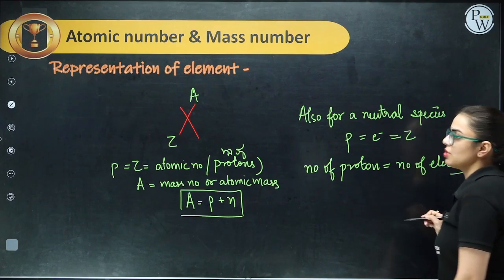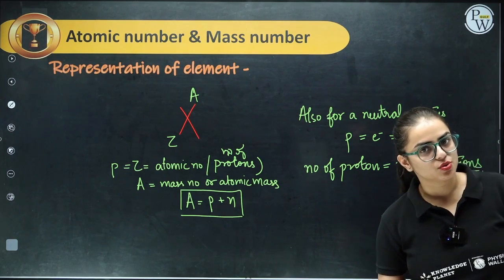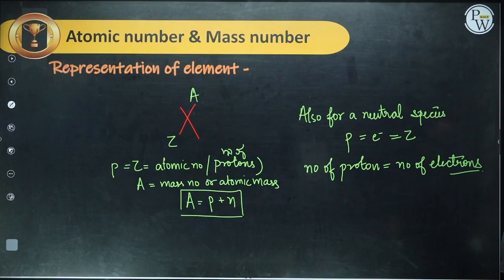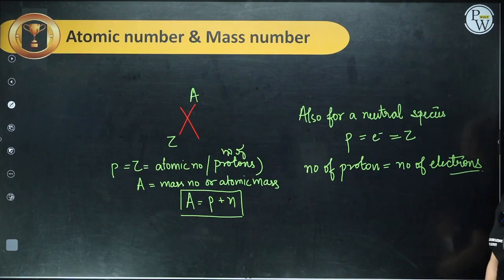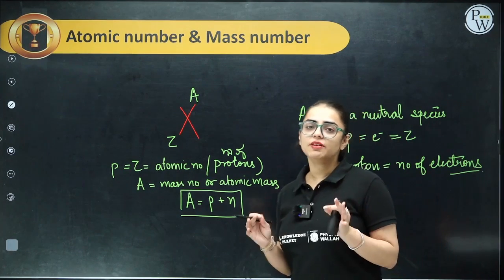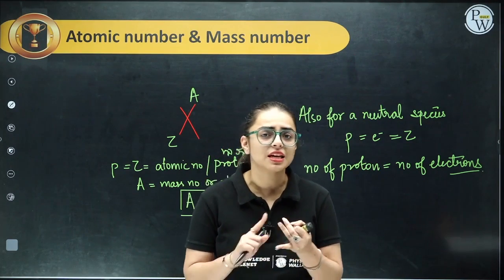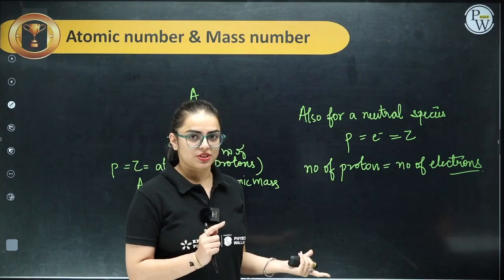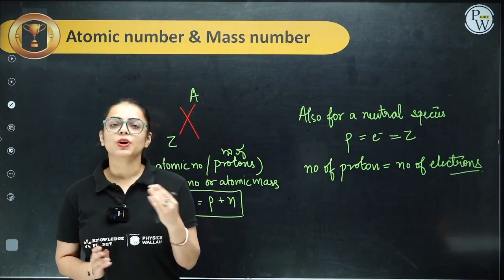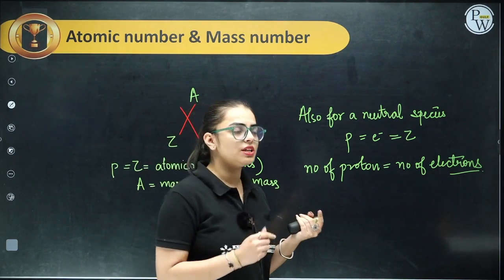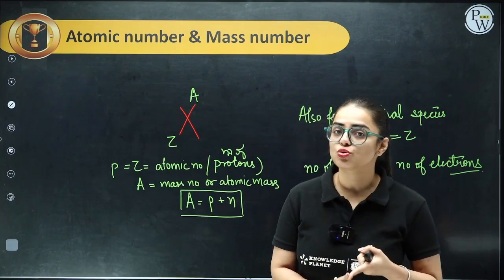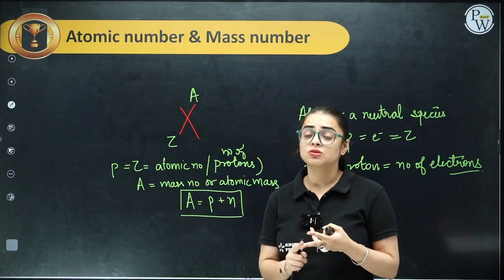Everybody write it down so that we can start with our terms like isotopes, isobars, isotones, all of that stuff. Everybody please write it down. Students, now we very well know how to calculate the number of neutrons, protons and electrons from the given representation. Now it's time to understand isotones, isoelectronics, isobars.